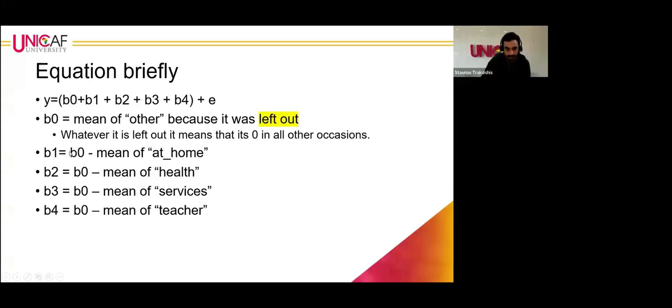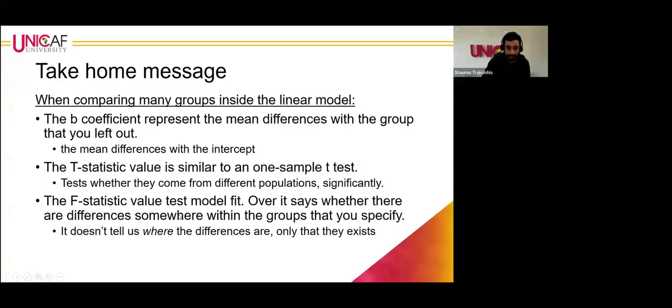So B1 is the difference of the mean of at home from the mean of other. B2 is the difference of the mean of health with the mean of other, and so on, as I explained. So when we compare many groups inside a linear model, the beta coefficient represents the mean differences with a group that is a control group or the group that is left out when you do dummy variables. The mean differences with the intercept, basically.